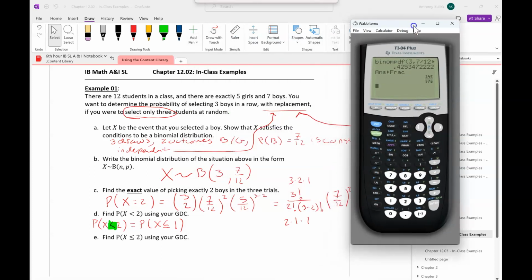Now that it's written as a less than or equal to inequality, we can use our calculator to do this. So we'll do the same thing. We'll go to second vars. We'll pick binomial CDF. Since it's an inequality, we need to use the CDF.